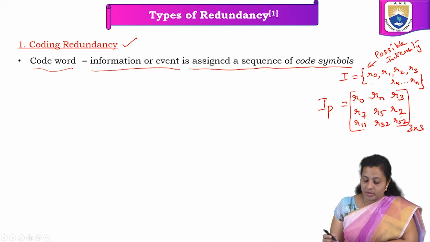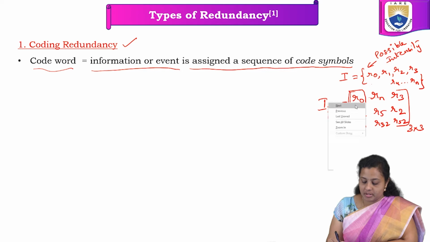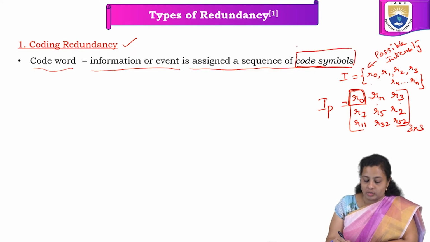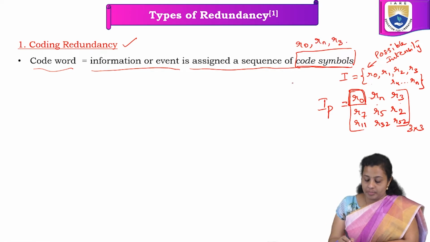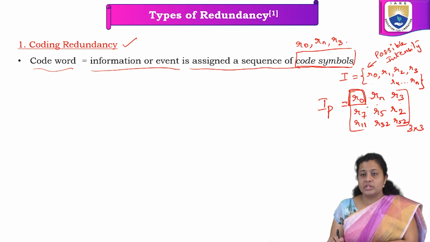Now, each intensity value here, say R0, Rn, R3, is called a code symbol.